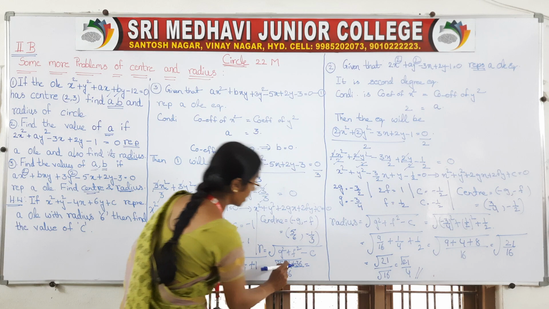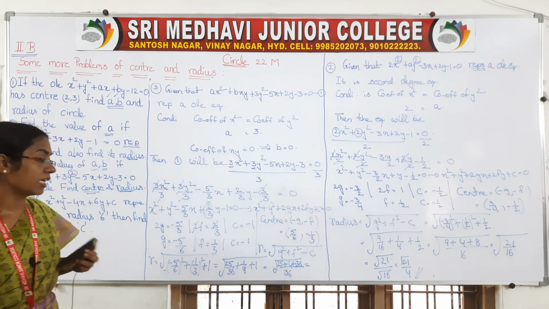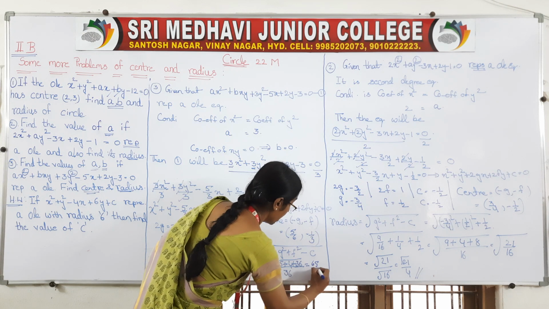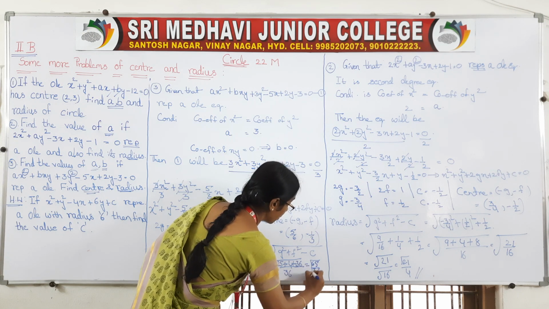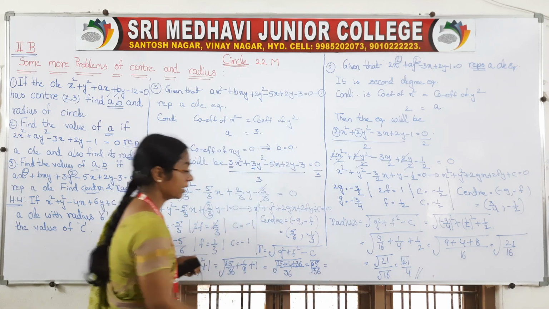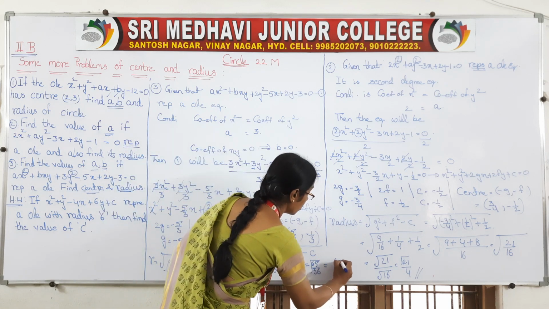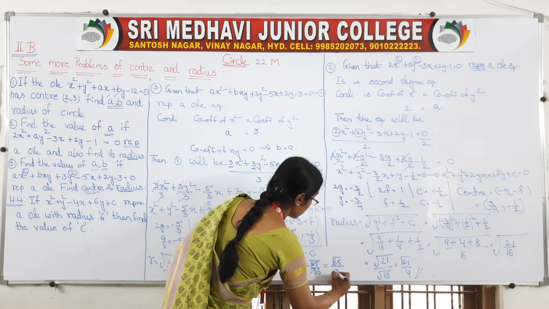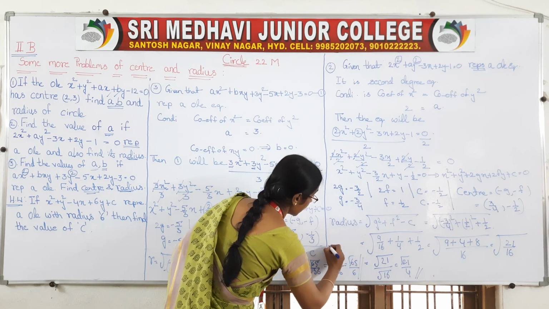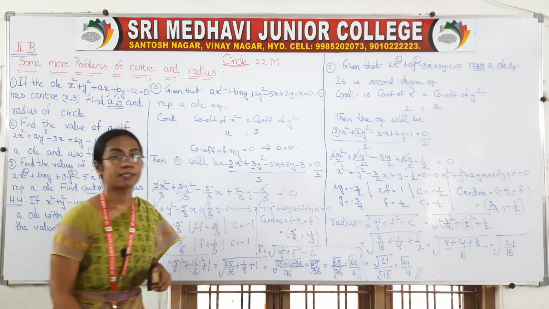So 36 plus 4 is 40, 40 plus 25 is 65, so 65 by 36 under the root. If we take the root separately, it is root 65 by root 36. So root 65 by 6 is your answer.